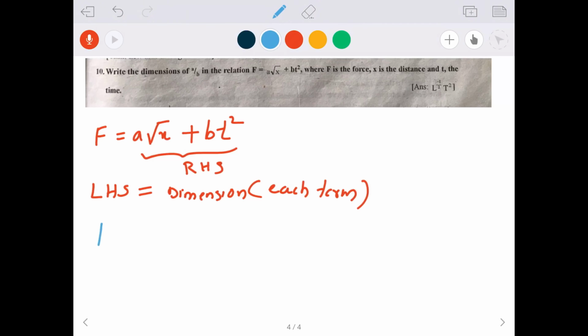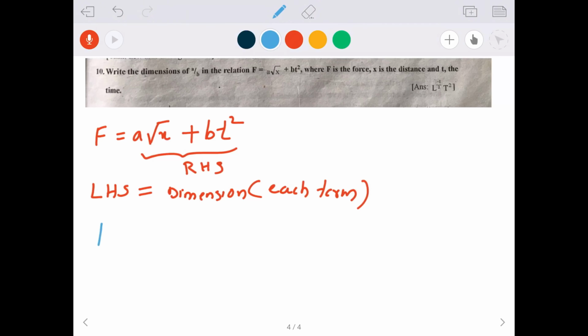So let me write m L t raised to minus 2 equal to the dimension of A root x. So x is the distance, which is already given in the question. So root x means L raised to 1 by 2.